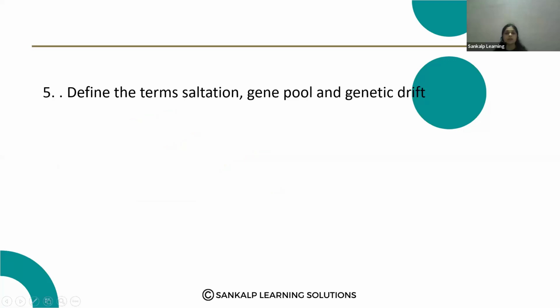Define the terms saltation, gene pool, and genetic drift. So you have to define these three terms. What is saltation? What is gene pool? And what is genetic drift?